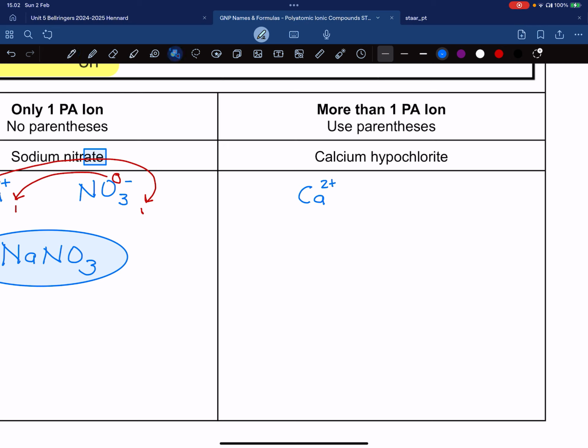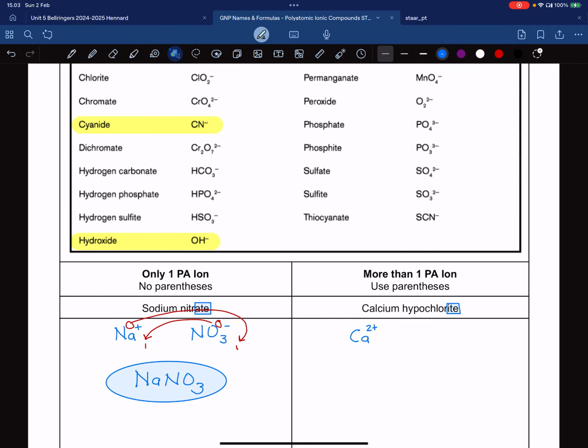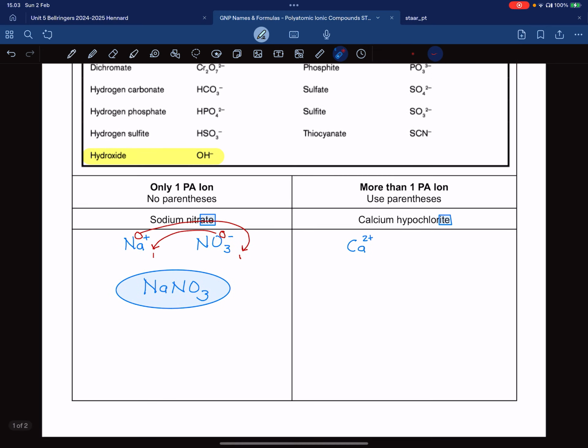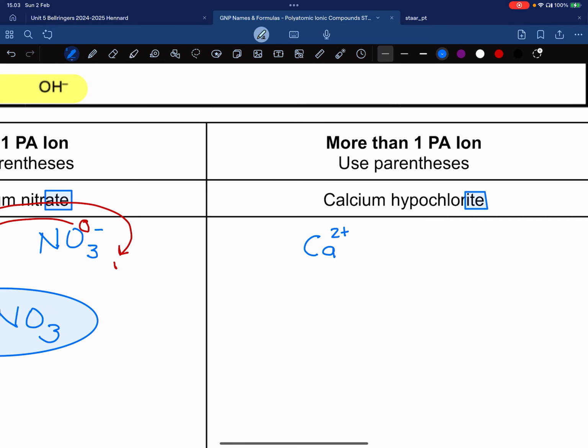We look at the end of the name, I-T-E. That is not I-D-E. So we are going to look for hypochlorite up above. And we are going to find it here. ClO minus.